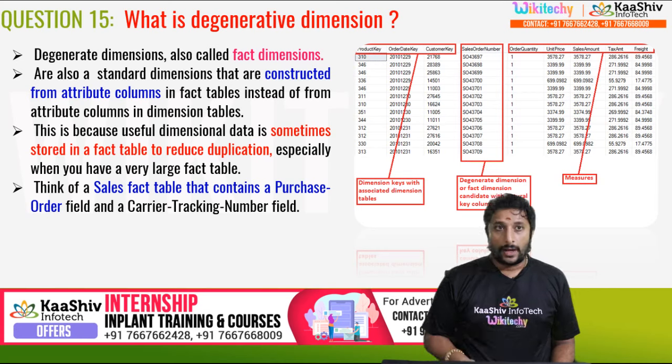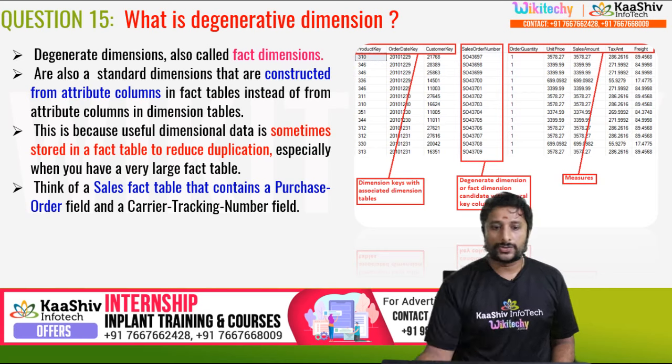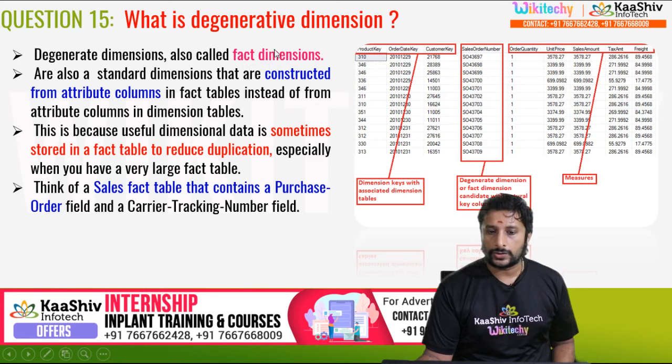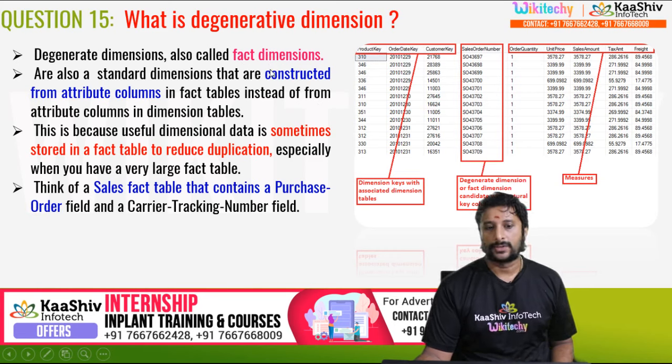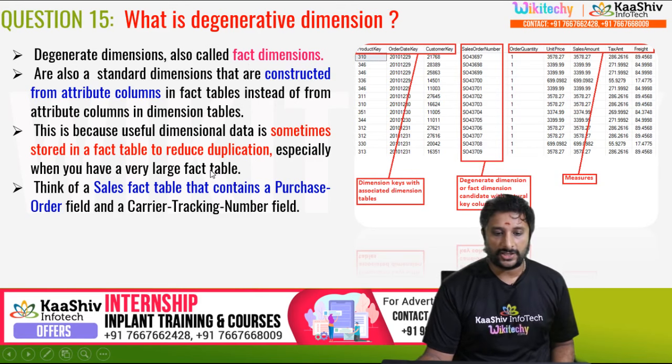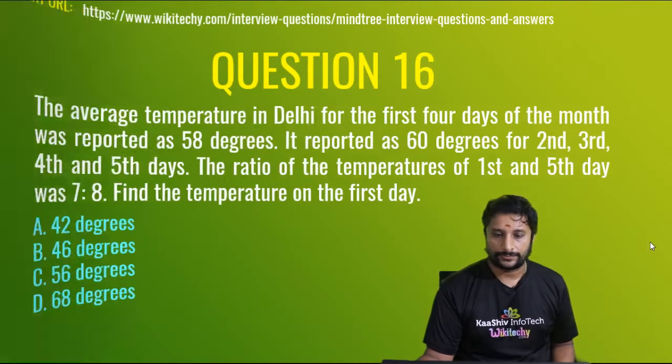How much the customer bought, that's dimension. Degenerate dimensions are also called fact dimensions. It's constructed from the attribute columns and sometimes stored in a fact table to reduce duplication. So that's your definition.